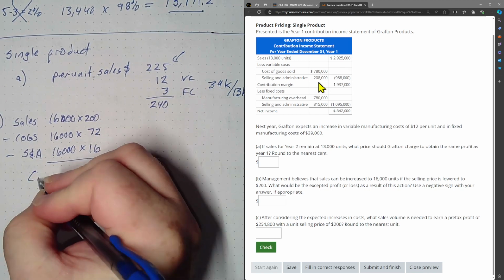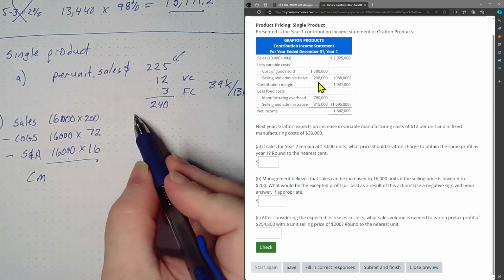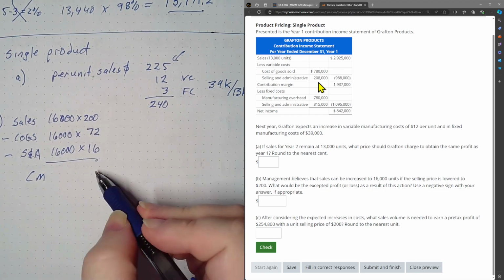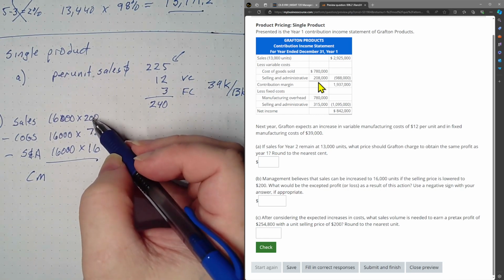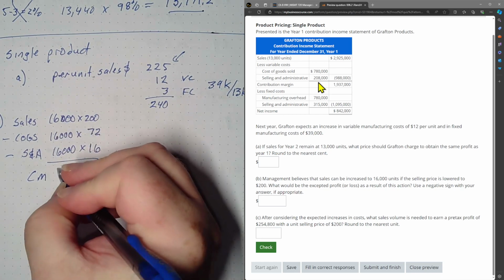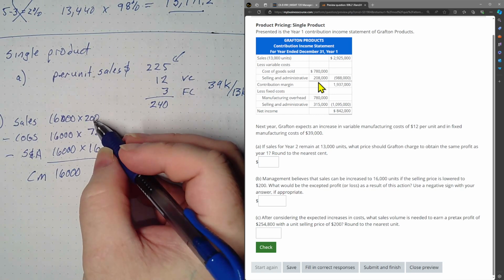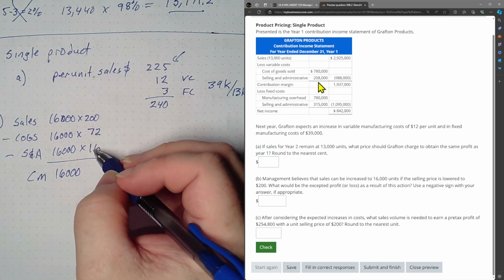And therefore the contribution margin is going to be, well, do I need to multiply this out, multiply this out, multiply this out, and then find out? Or could I just figure out 200 minus 72 minus 16 times 16,000 is actually my contribution margin. So this is going to be 200 minus 88.